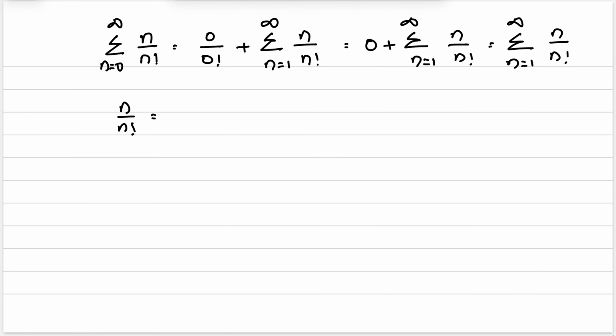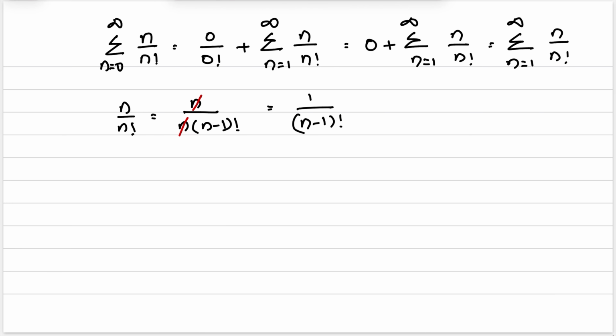Now here n by factorial n is equal to n by n into factorial n minus 1. That is equal to n gets cancelled. It will be 1 by factorial n minus 1.